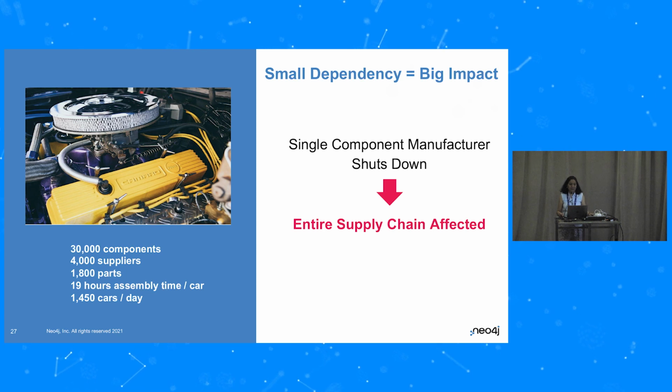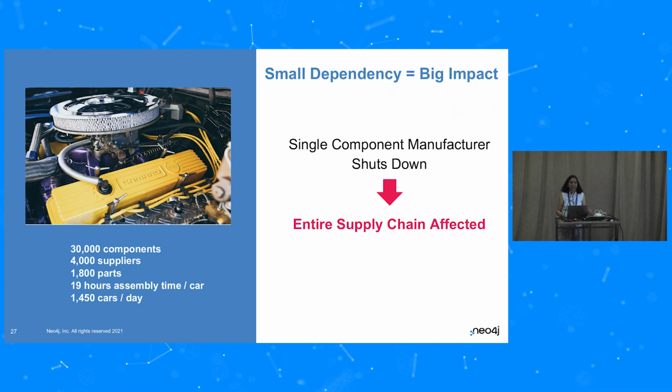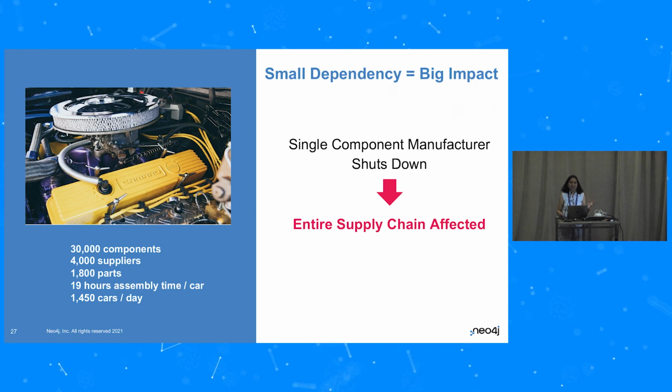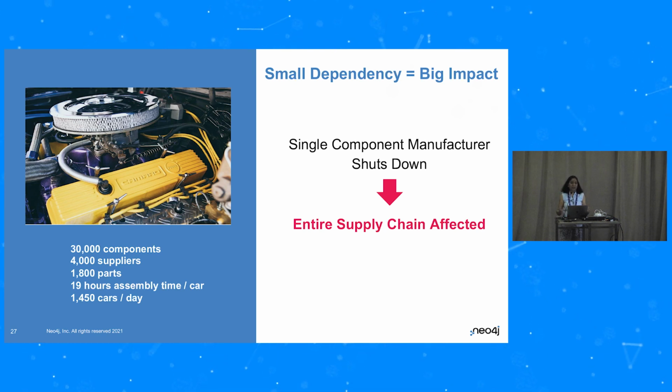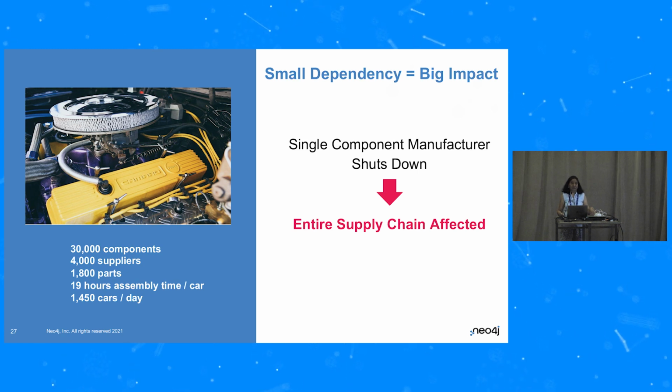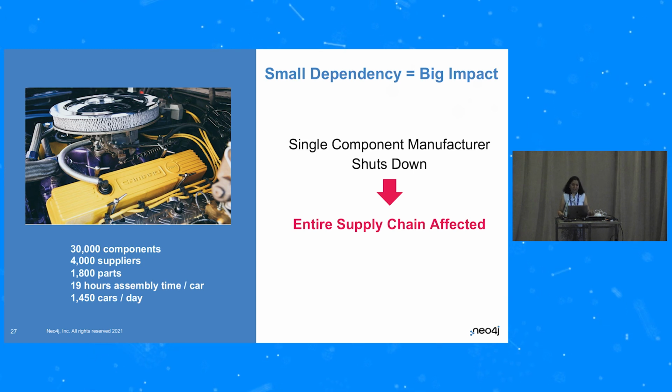Now, imagine if there's a single component manufacturer who shuts down, let's say in China, and I'm not making this up, this is exactly what happened when the pandemic hit. There was a single component manufacturer that shut down, and all the auto manufacturers who relied on that component were really, really impacted, right? And we know there's chip shortages because of that.